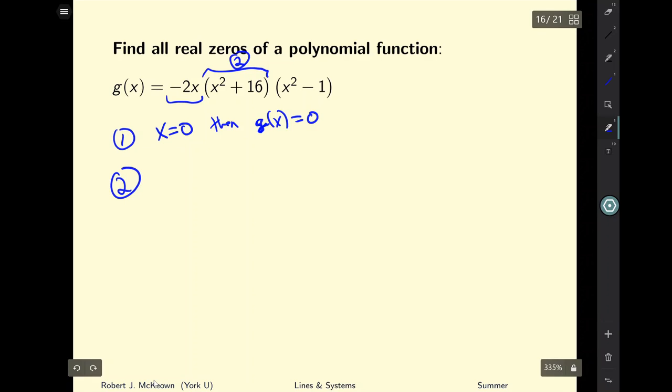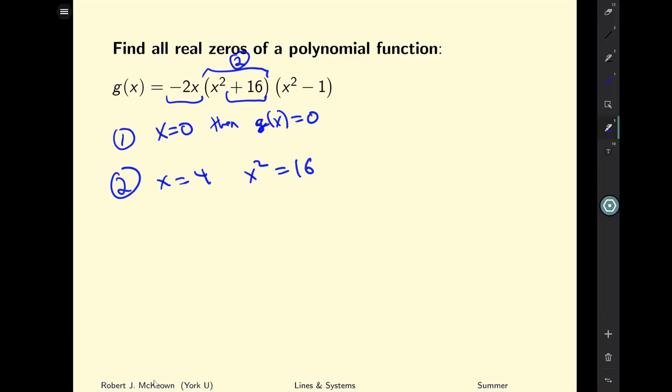the second factor? Well, I can see that if x is equal to 4, then x squared is equal to 16. But wait a second, it's plus 16. Is there any way to square a number and have a negative value?